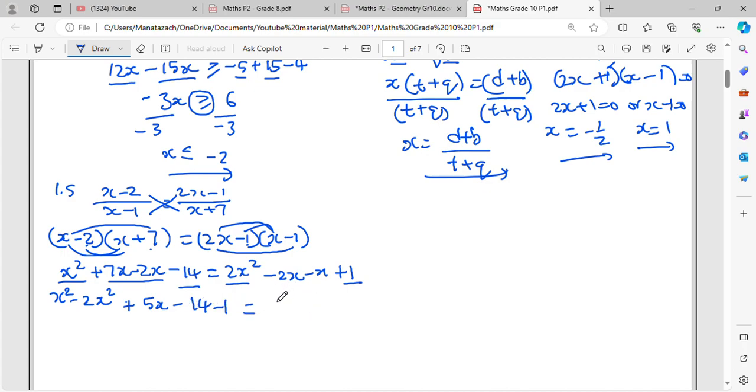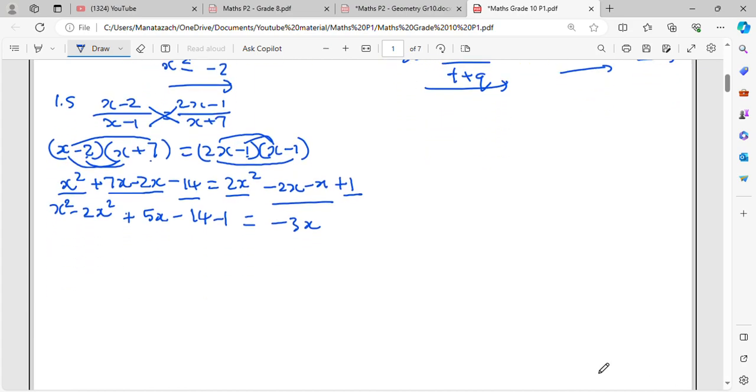And then this side will simplify this, which will give us minus 3x. And then from here, this one will be minus x squared. Then 5x, we'll group it together with minus 3x. Remember, it will come this side as positive. Then here we'll have minus 15 is equal to 0.